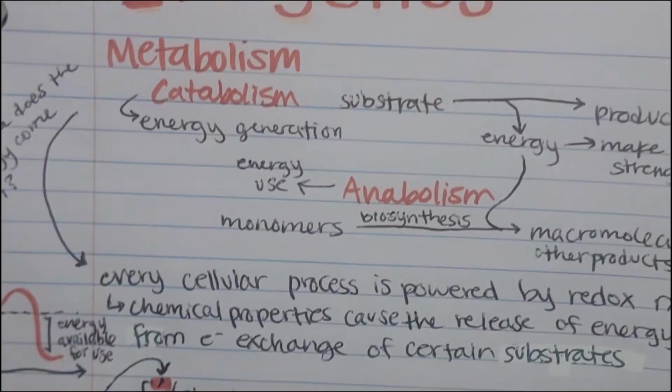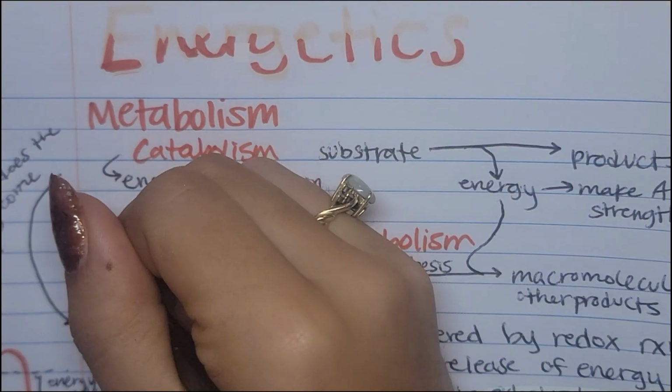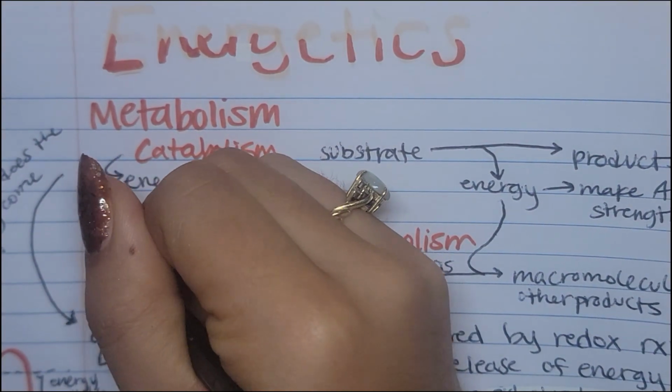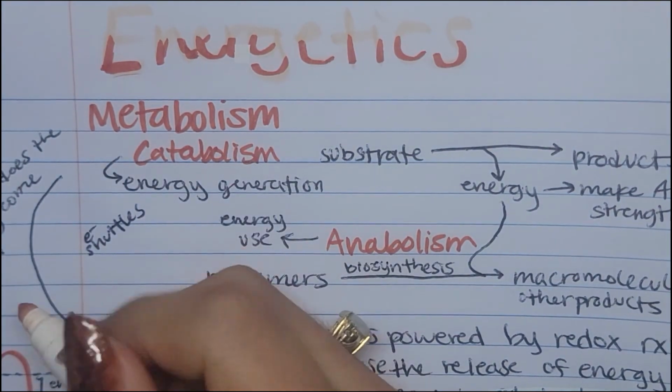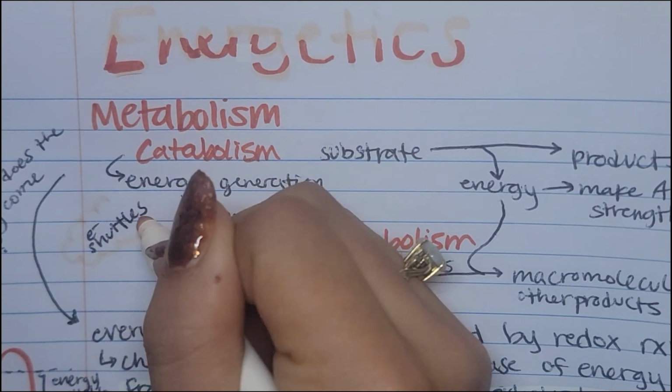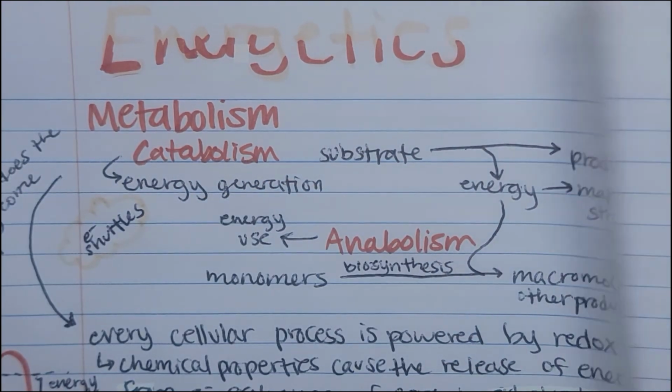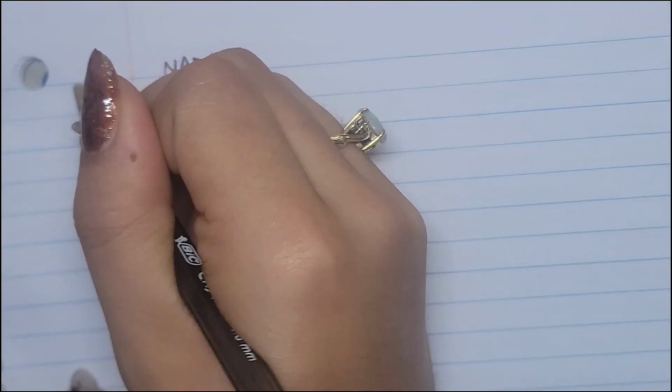So in catabolism, you learn electron shuttles, our NAD and FAD. They transport high energy electrons from one compound to another. So let's talk about that a little bit more. You have compounds like NAD plus, which is oxidized.